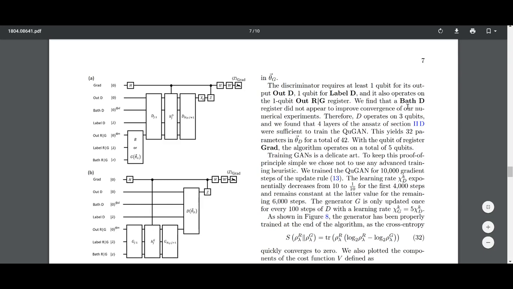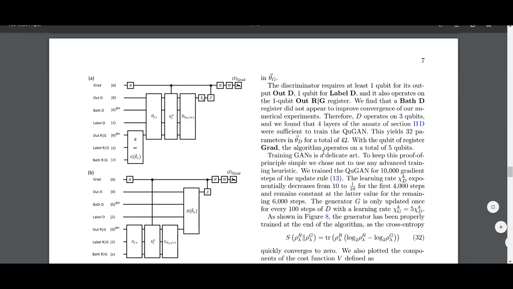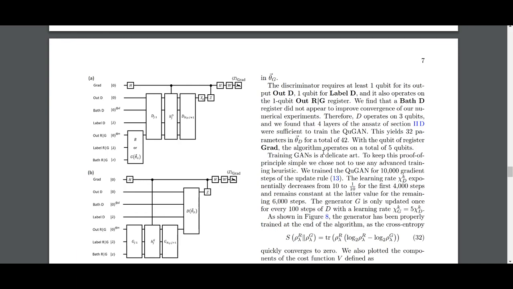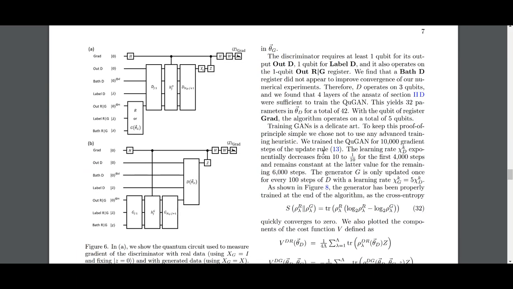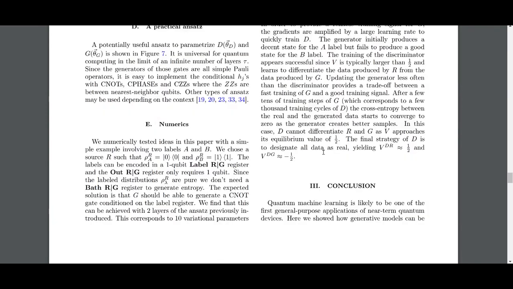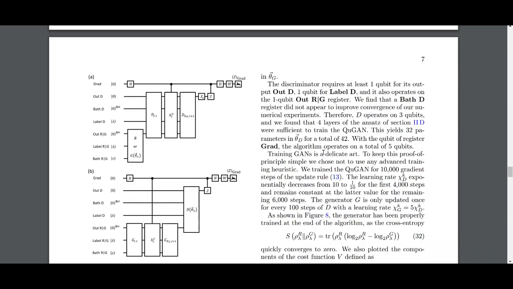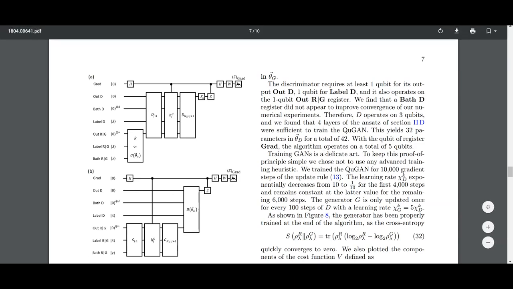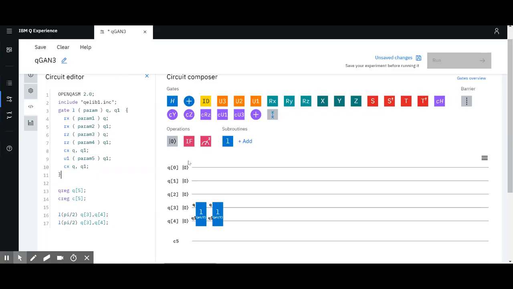operates on the qubit register and bath D register that appear in the proof of convergence, blah, blah, blah. D has 3 qubits, and they say it has 4 layers, right? Am I correct? 4 layers. Perfect. 4 layers.